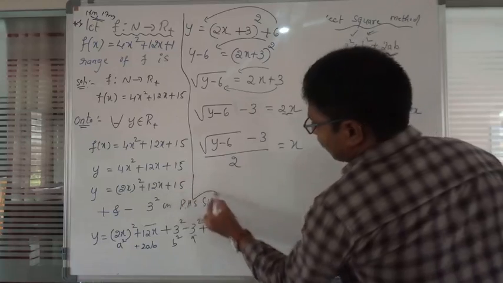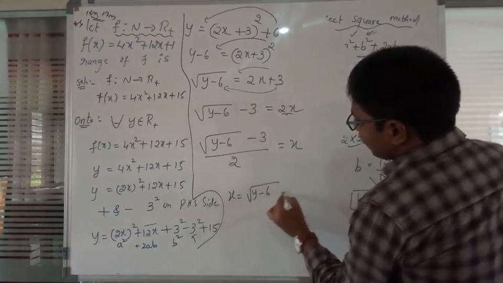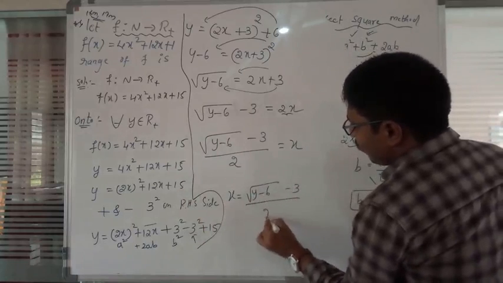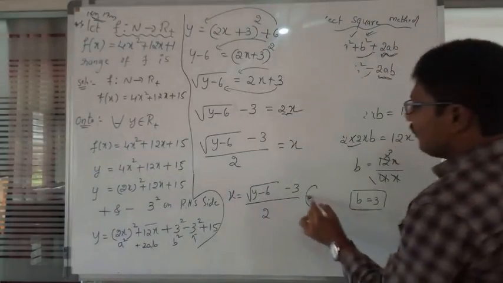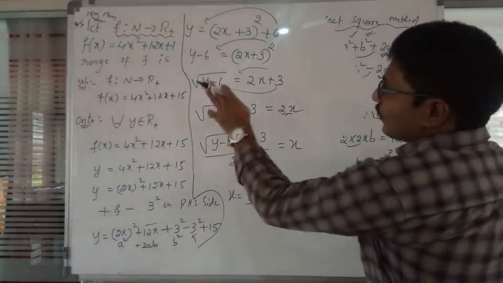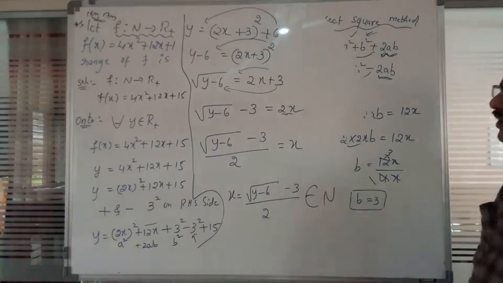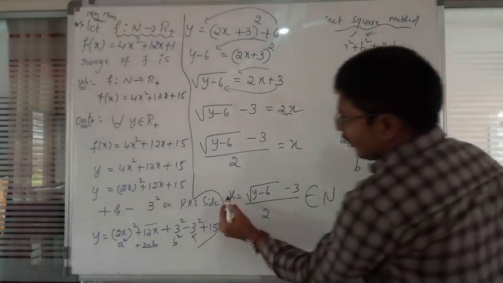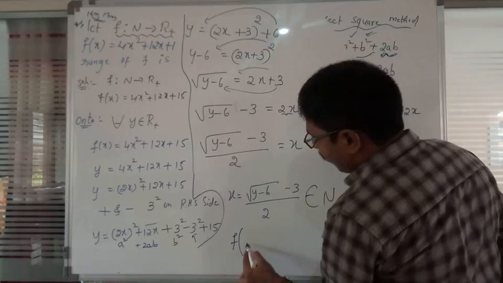x is equal to root of y minus 6 minus 3 divided by 2. Here this x value is shifted, for every y belongs to R plus, and x belongs to the first set. In the placement of x, what happens?